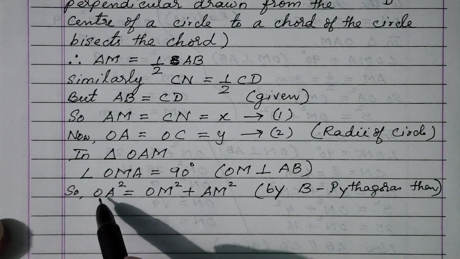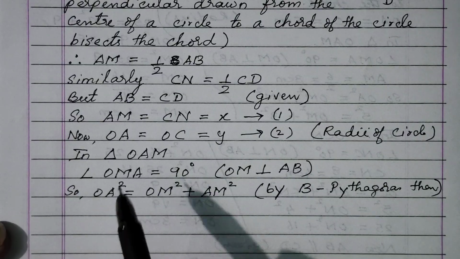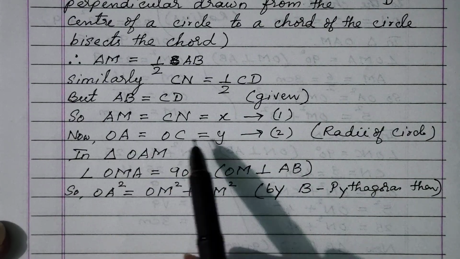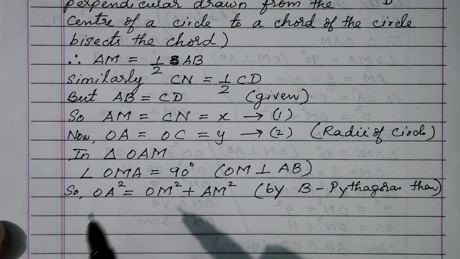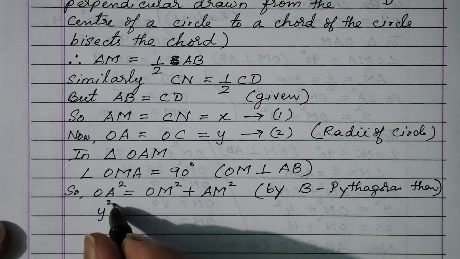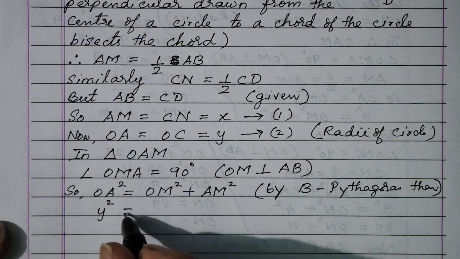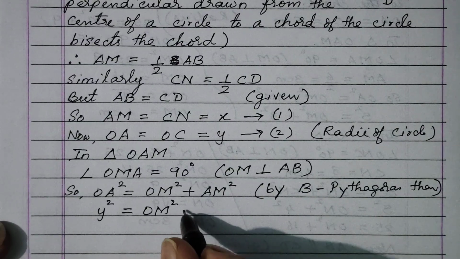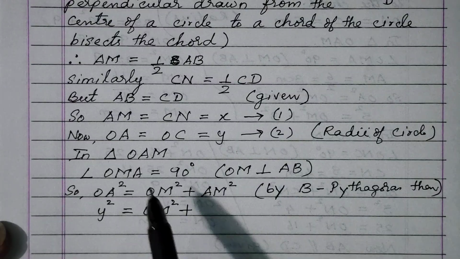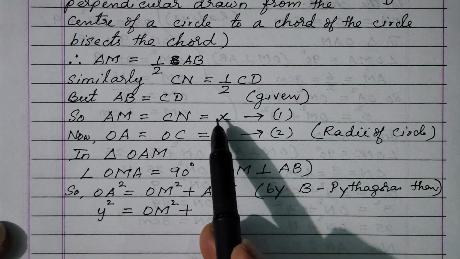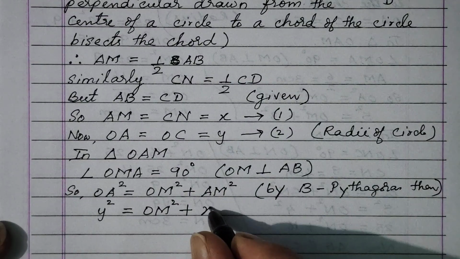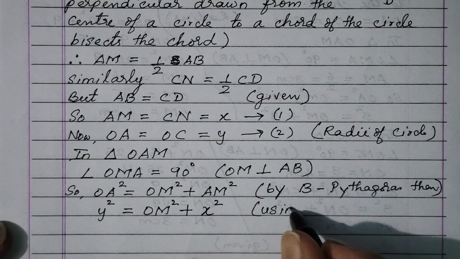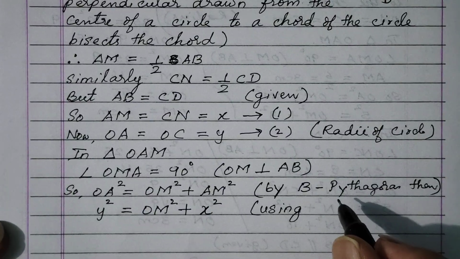So here OA square, you can see in statement 2, OA is taken as Y. So Y square is equal to OM square plus AM square. AM is taken as equal to X. So X square, using equations 1 and 2.